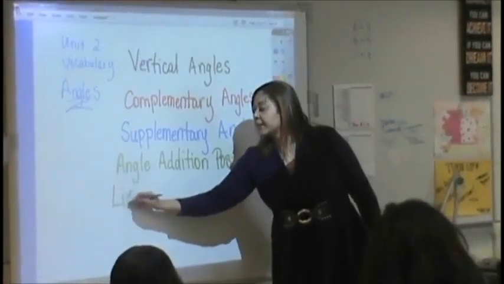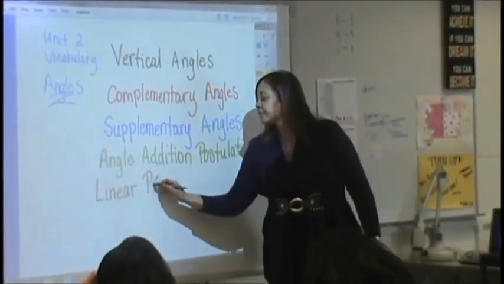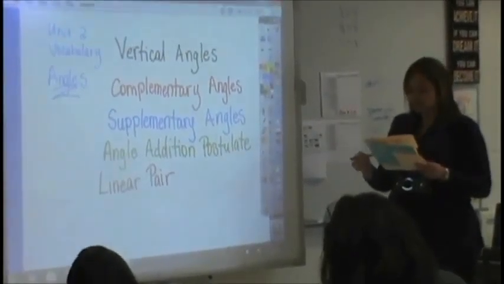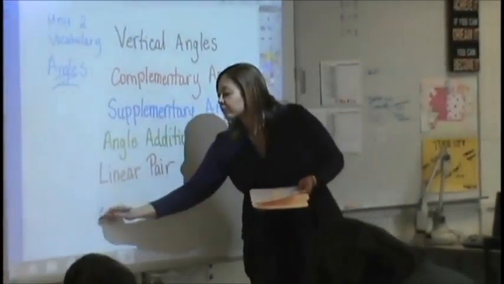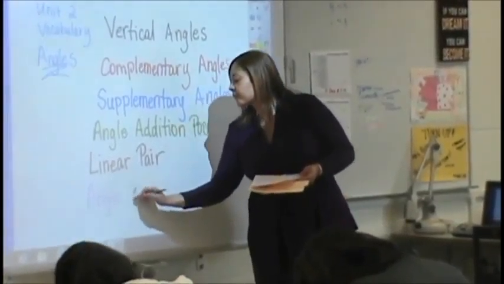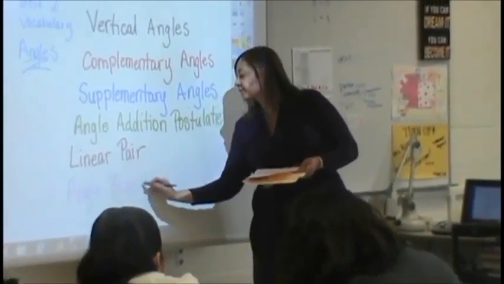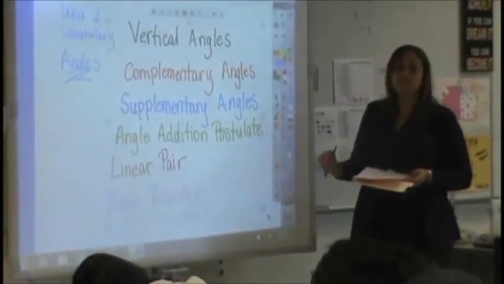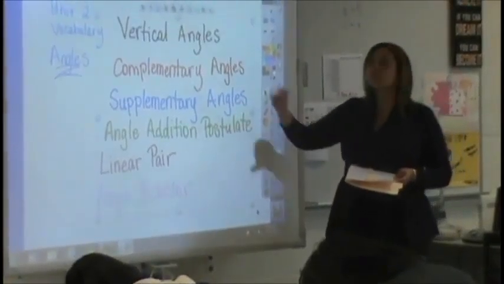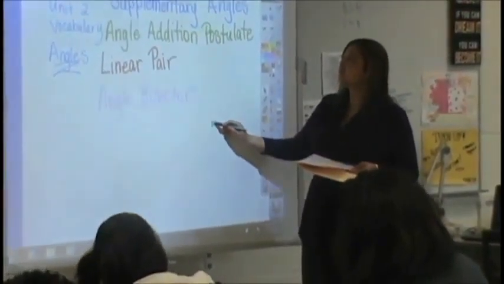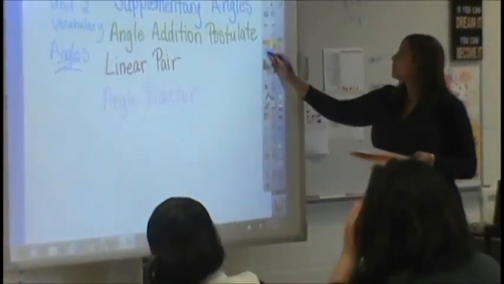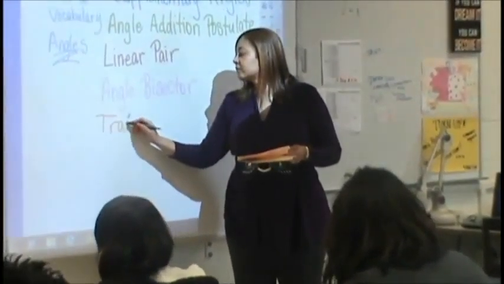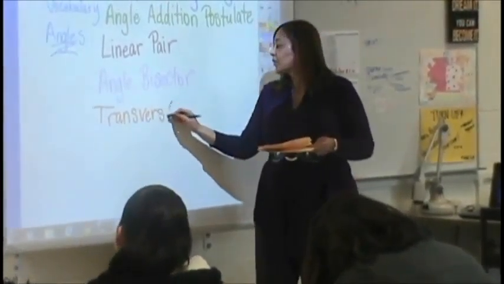After that, we're going to do linear pair. Angle bisector. We'll do transversal.